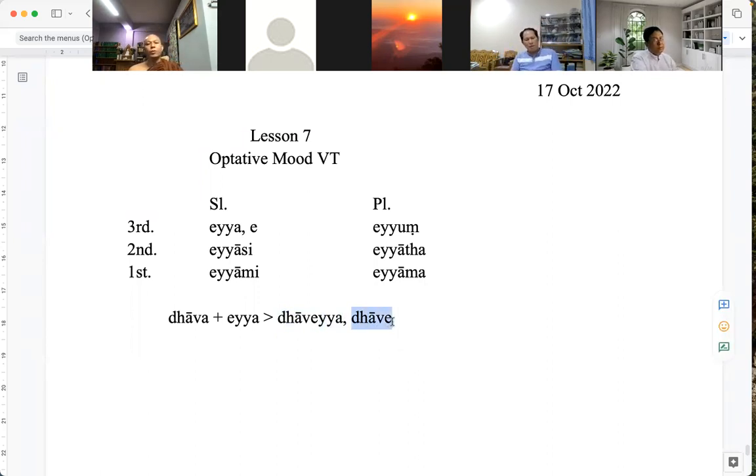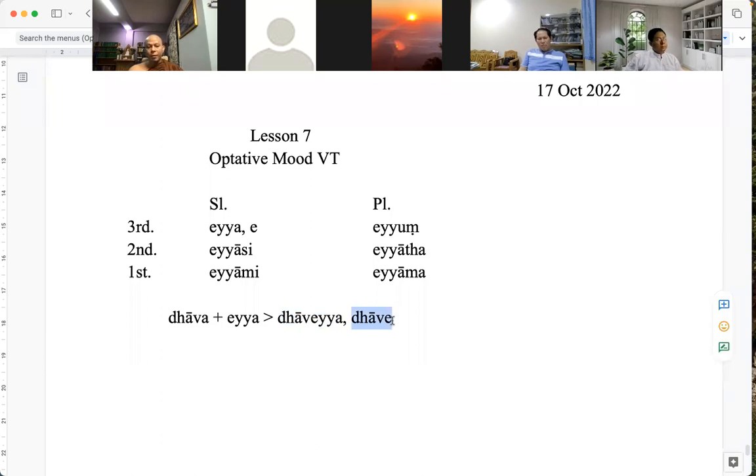Such contracted forms are used in poetic writing. In Pali poetry writing we call it gatha, or stanza, or verses. In verses, all formal verses are limited in number of syllables. So if we choose this daviya, maybe more syllables, then there is a limitation. Instead, we can use dave. In this way.